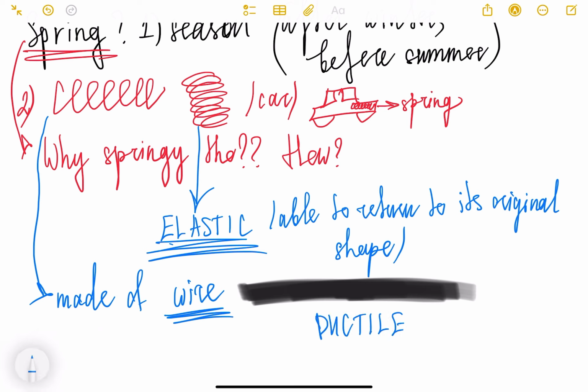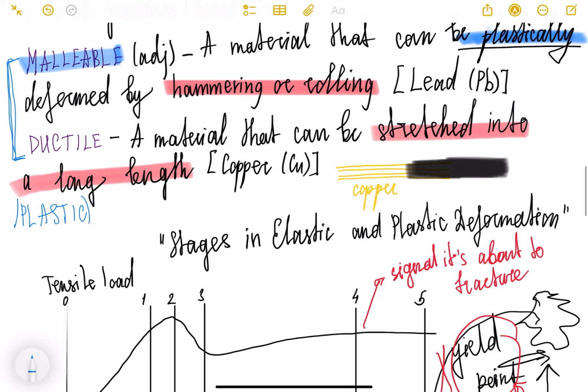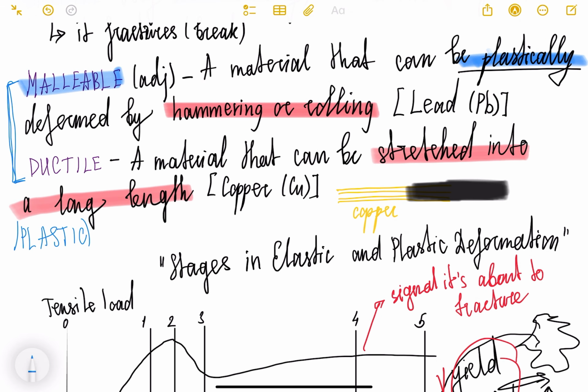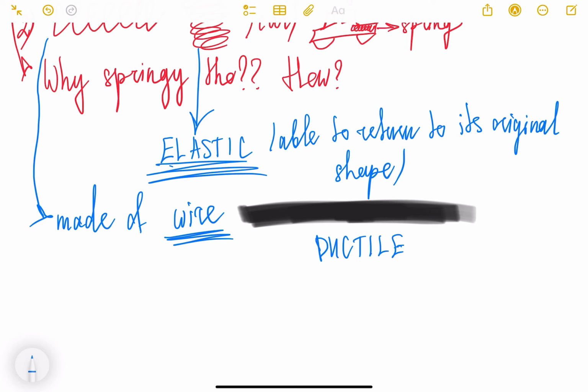And ductile is a material that can be lengthened, and the biggest example is copper, a material that can be stretched into a long length. So, made of wire and ductile, this is kind of plastic, right?